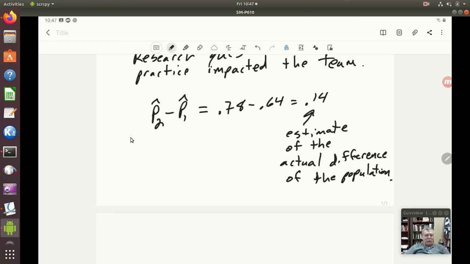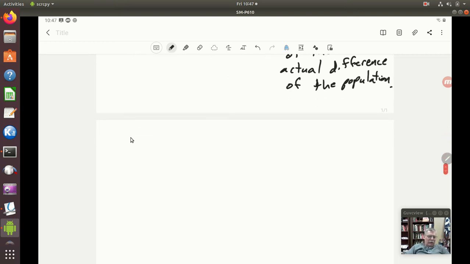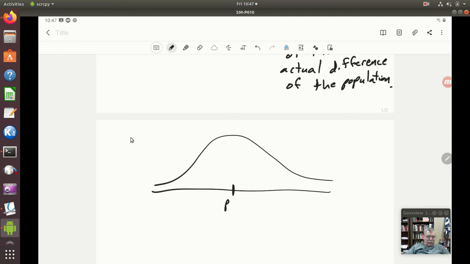Okay, that's an estimate. And so we want to do that same sort of thing. Here's the real population, so this would be like P2 minus P1. And we had our data out here of P2 hat minus P1 hat.